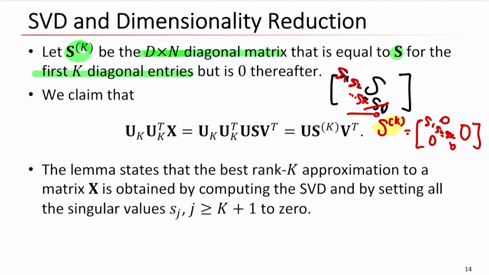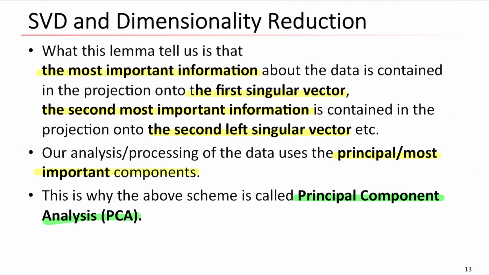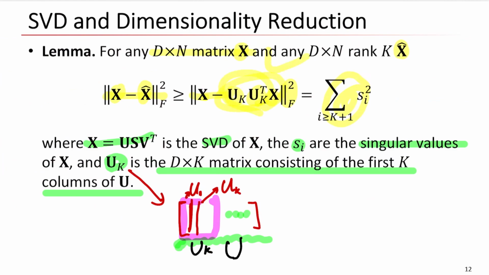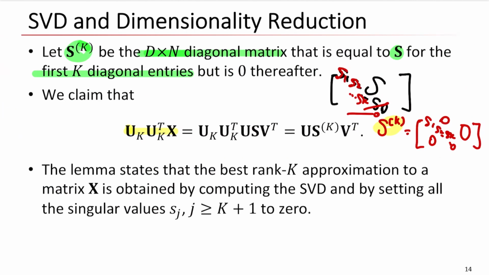Then what is Uk times Uk transpose X here? Then we can decompose X as U S V transpose, right? Then what is that? This is just the identity I k by k and 0.